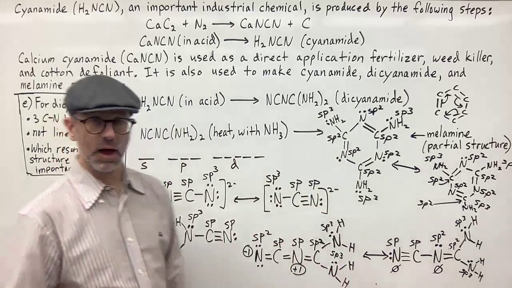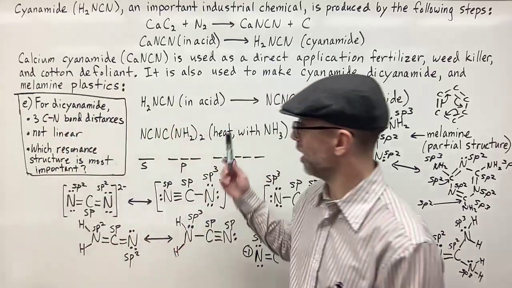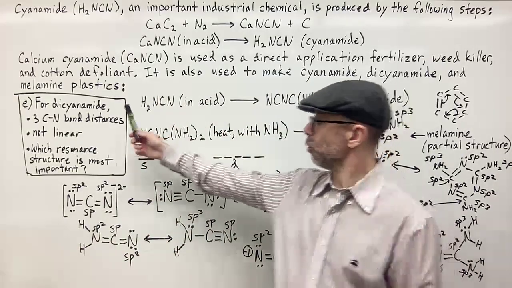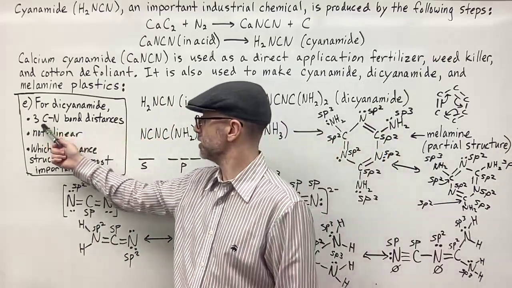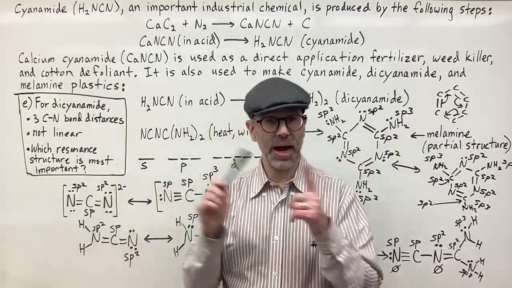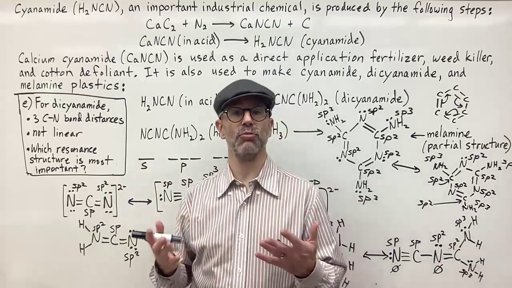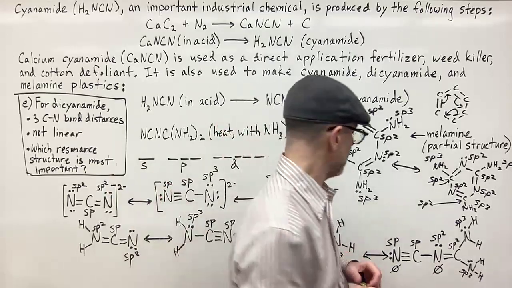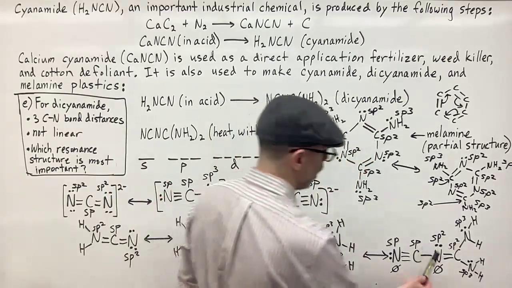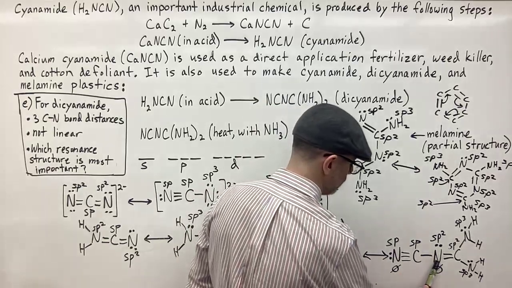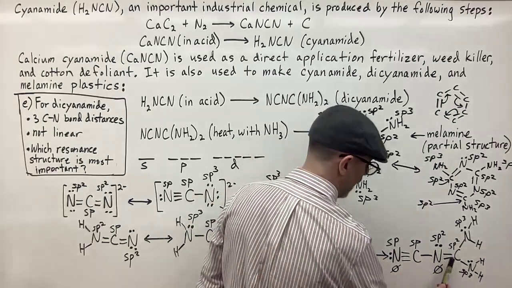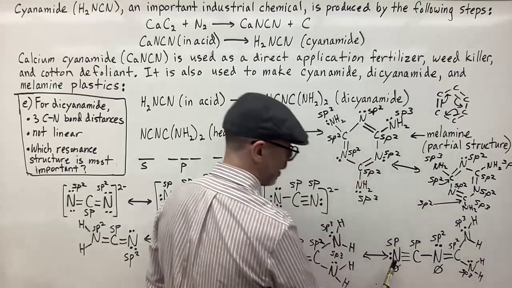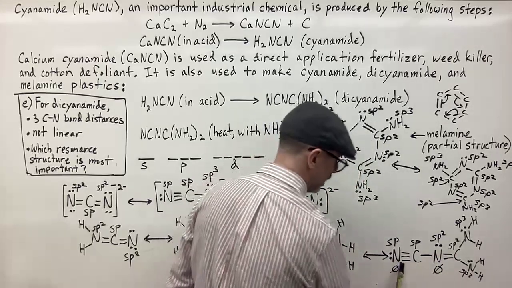Now, let's go back to the observations that were given. One is that the 3 CN bonds, the bond distances are different, meaning we should have different bonds. And you can see here we have a single bond, CN. We have a double bond, CN. And we have a triple bond, CN.